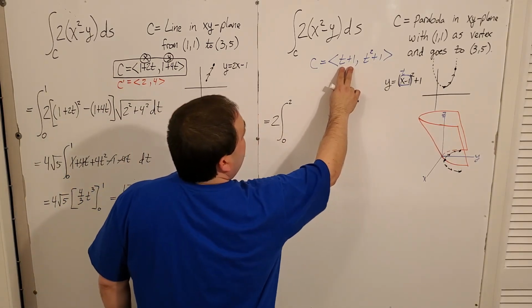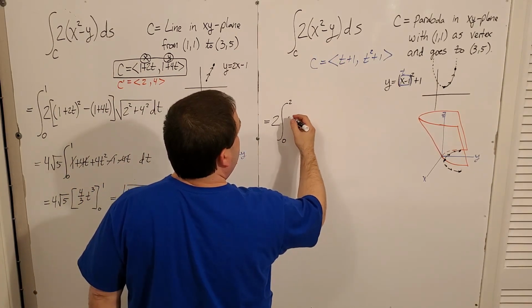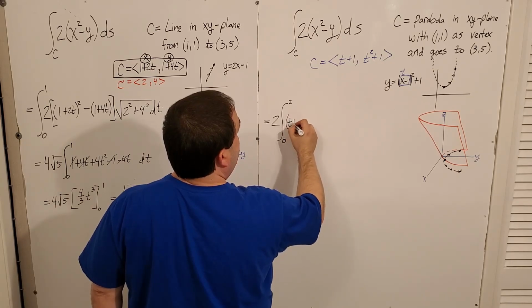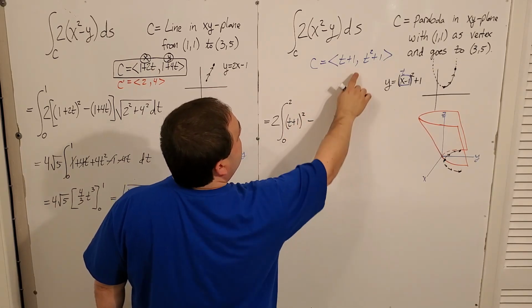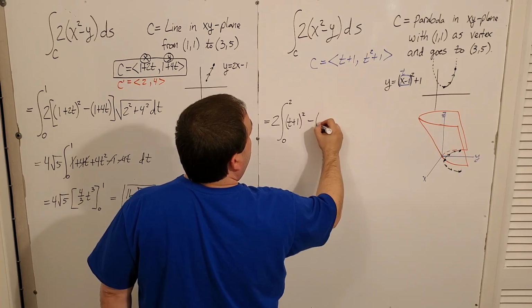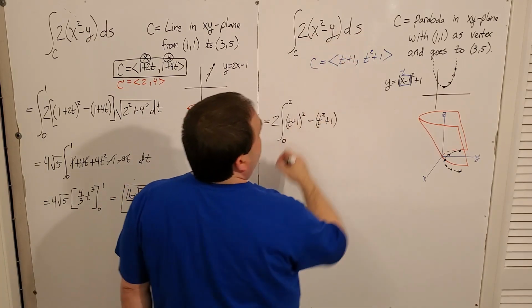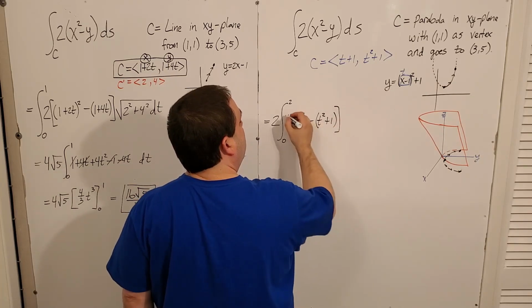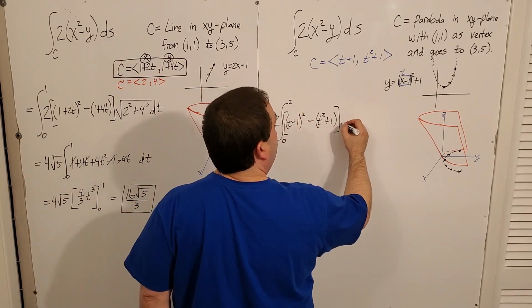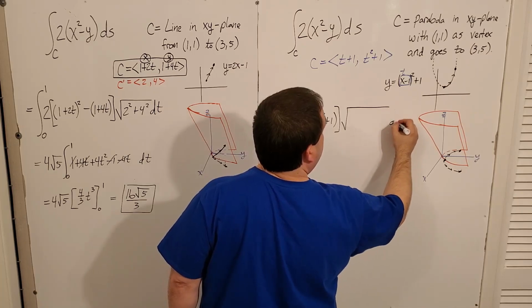All right, so let's plug in my x. That's going to be t plus 1 squared minus my y, t squared plus 1. And then that's times ds. So I have the square root of, and then a dt here.